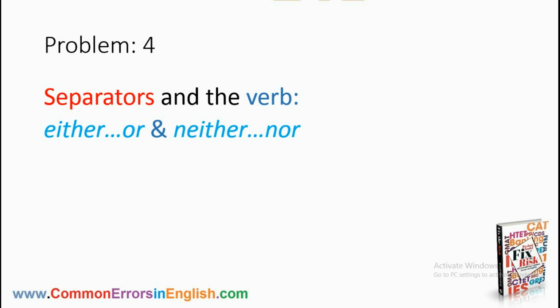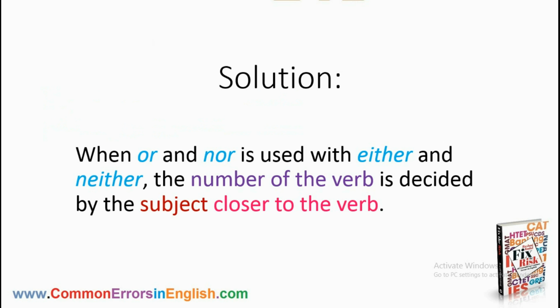In the last part we learned how to use the verb with distributive pronouns either and neither, but there is a difference between either and either or, and neither and neither nor. When or and nor is added to either and neither, they become separators instead of distributive pronouns, and here begins the problem because the verb used with the separators either or and neither nor can be singular or plural.